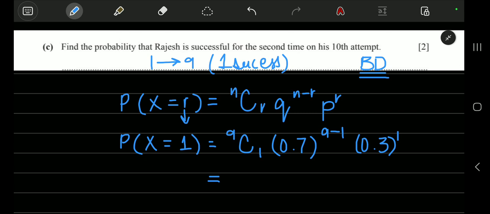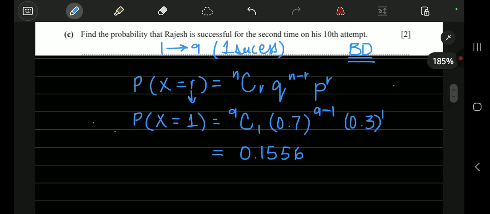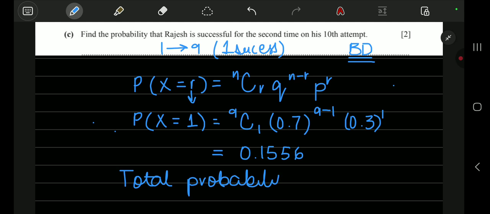So let's solve this. We get 0.1556, and the total probability will be 0.3, that is, we are sure of the success with probability 0.3 for the 10th attempt, and for the first 9 attempts we get the probability to be 0.1556.